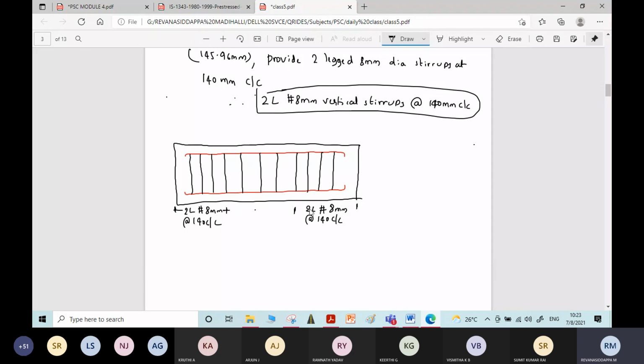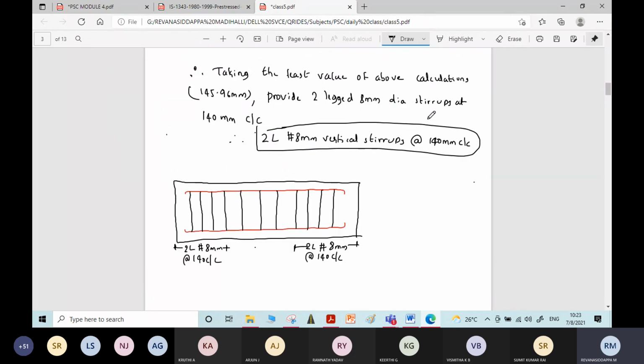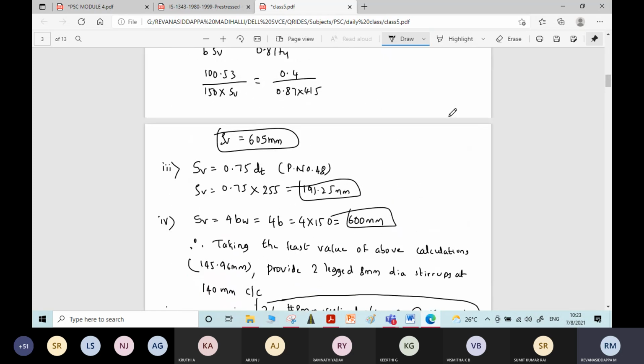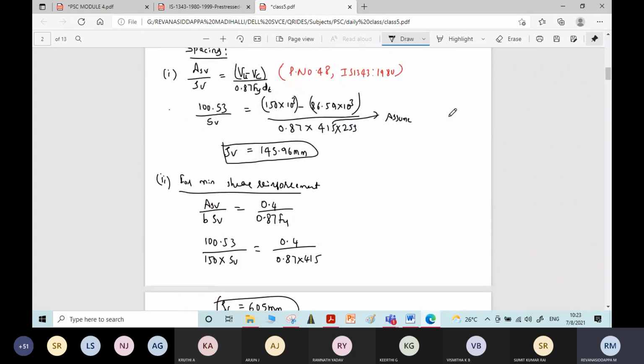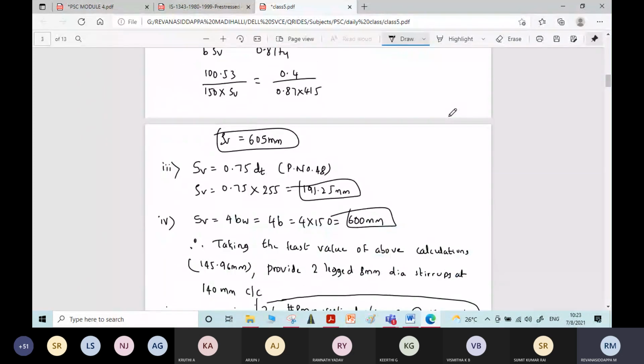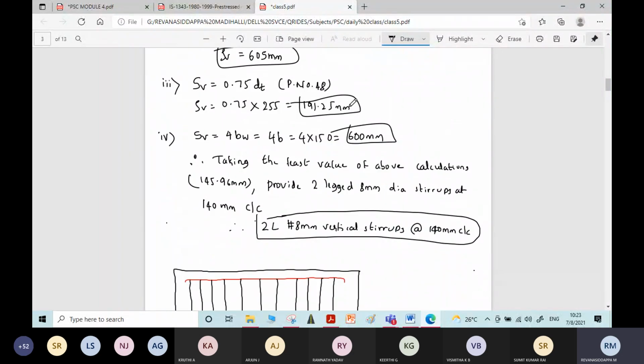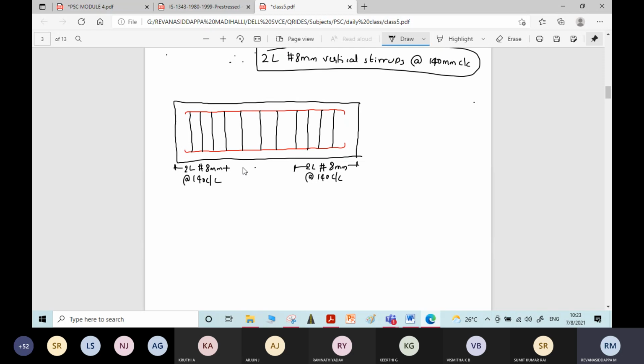Okay. At the middle third span, you can provide the second lowest value. Second lowest value is which one here? 145, 605, 191 is there now. That you can take 190. Okay. Two-legged 8 mm at 190 center to center.